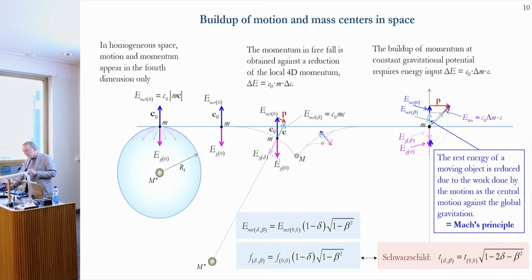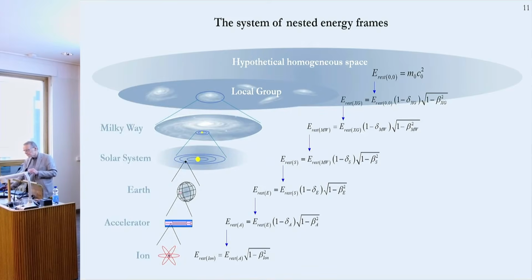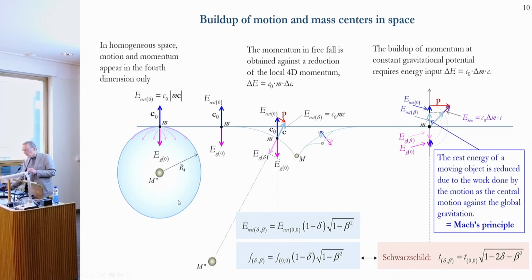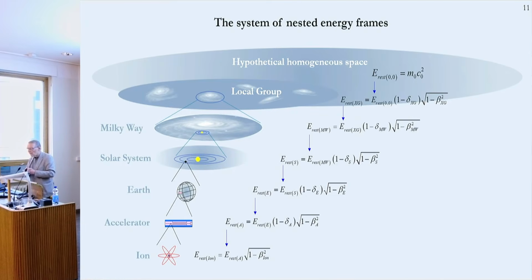predictions in near-Earth conditions. Now, when we follow the build-up of local mass centers in different steps, we end up to the system of nested energy frames, so that we can see that the effect of the rest of space is reflected in the rest energy of any local object we are studying here.